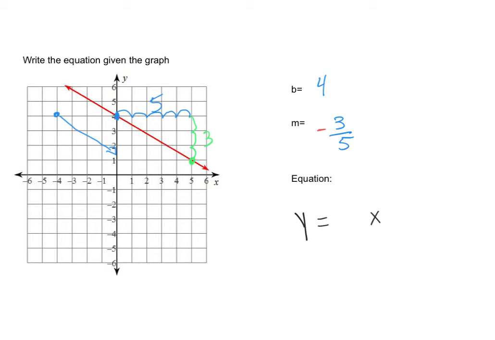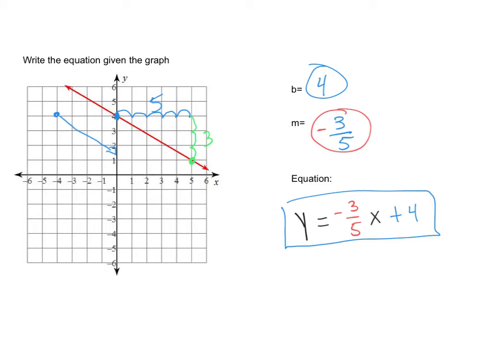Well, my m, we said, is -3 over 5x, and my y-intercept is 4, because it's positive 4, plus 4. So this equation represents the entire red line that was graphed and given to me. So if I were to plug in any x or y ordered pair, I can find the ordered pairs that would make this statement true based on the line.